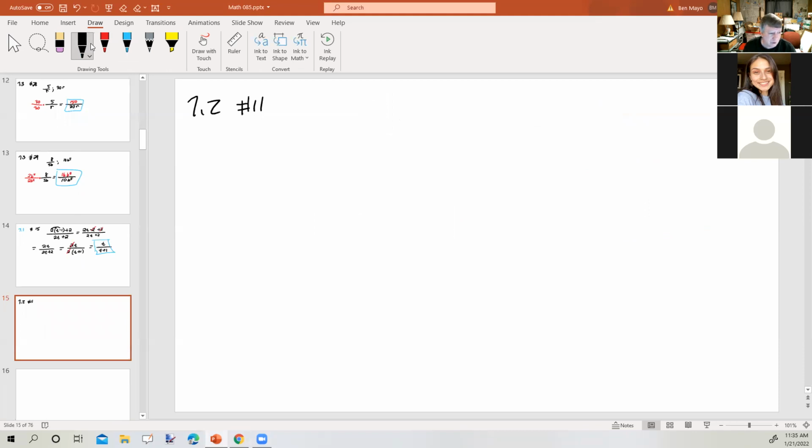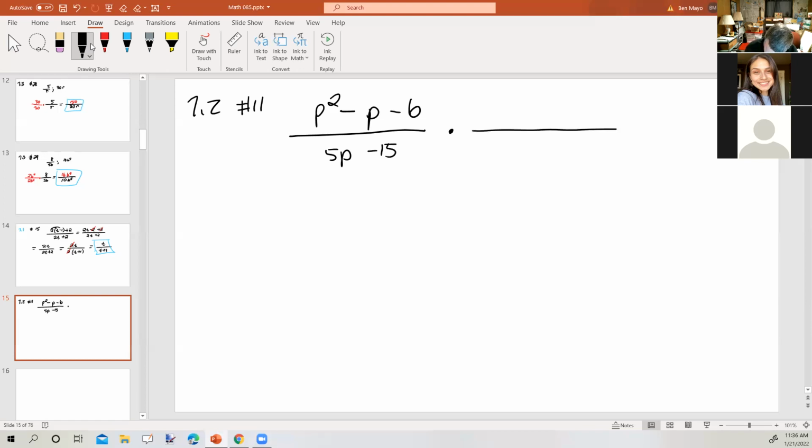This is a good review of all the sections we've covered so far. So we have p squared minus p minus 6 all over 5p minus 15 times 4p squared minus 11p minus 3 over p squared minus 3p.